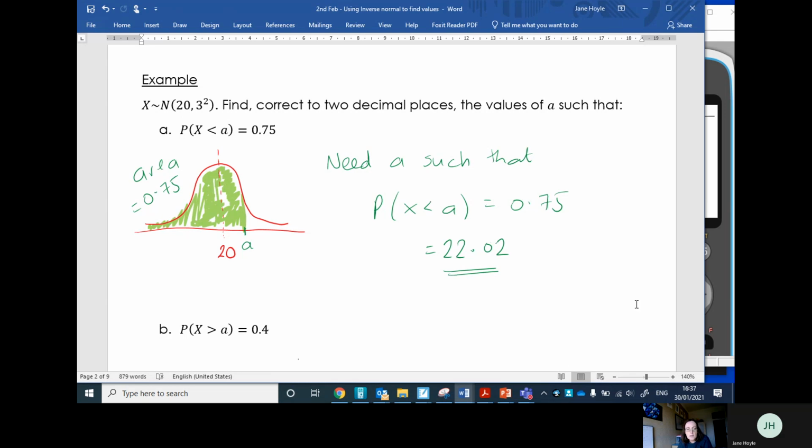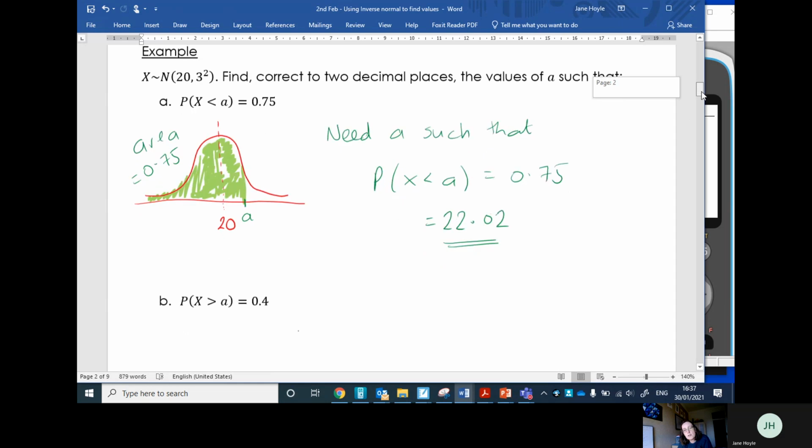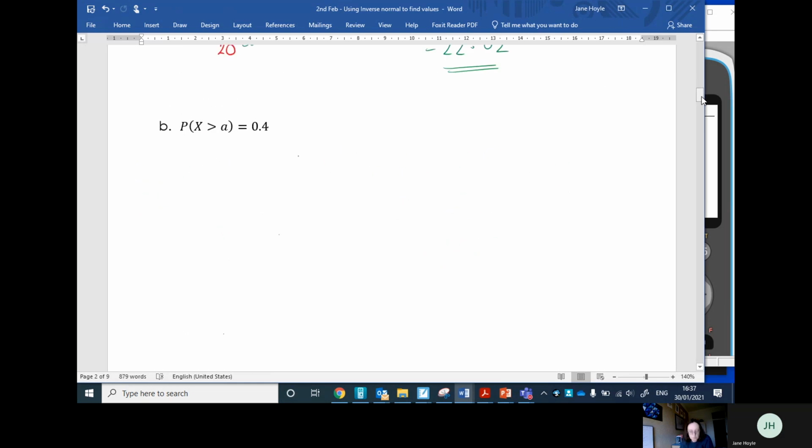Now, this next one, we want a value of A such that the area above it is 0.4. So, oh, I'm drawing in that line first. That's always a little bit dangerous, isn't it? Can I get it symmetrical about? It's not far off. So that is my mean of 20.